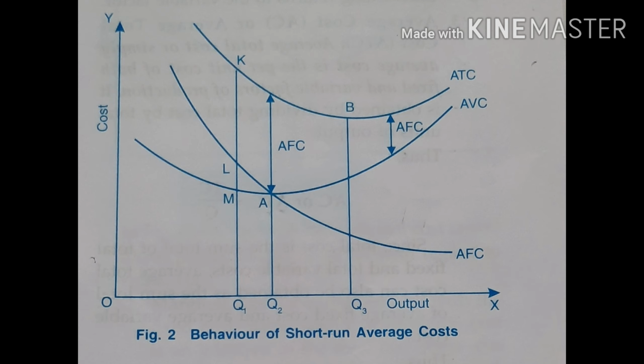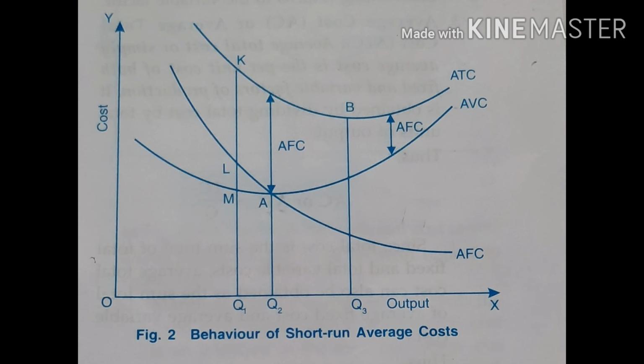Now the shape of the AFC curve is sloping downward continuously, as you can see from left to right. It shows a continuous fall in the value of average fixed cost with increase in output, as shown in the table and represented in the diagram also. This is because the TFC, the total fixed cost, remains the same at all levels of output.